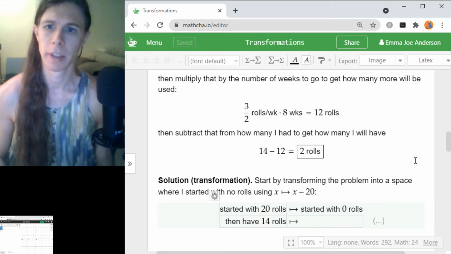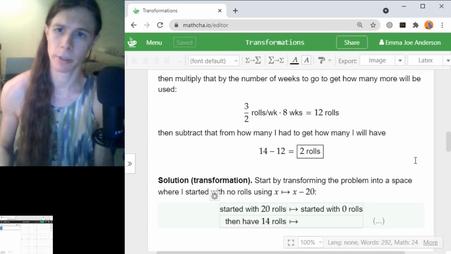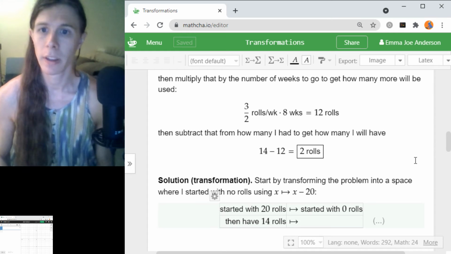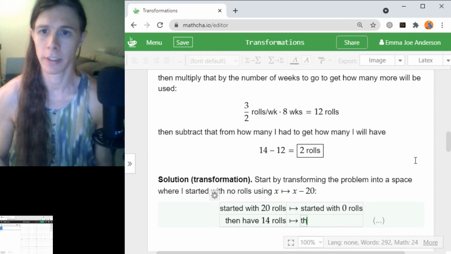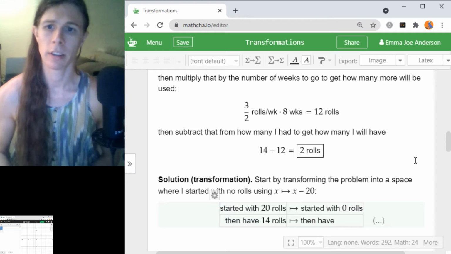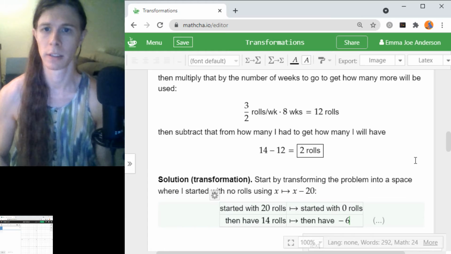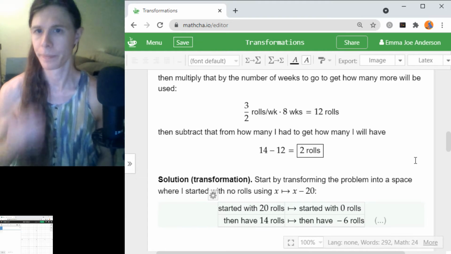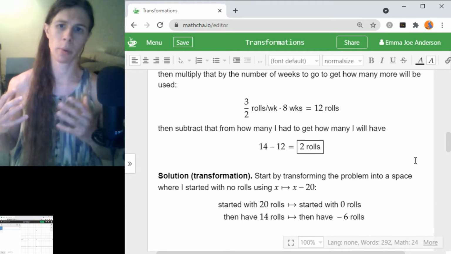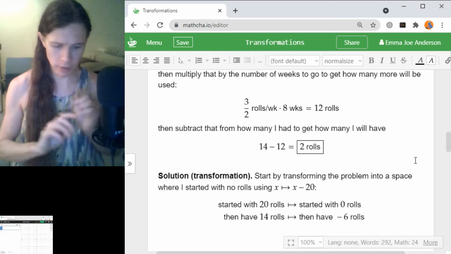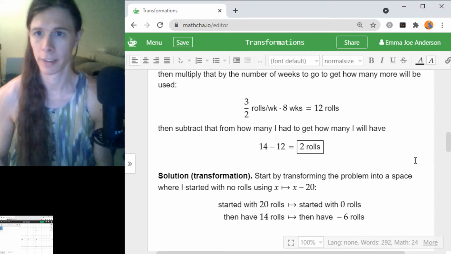So then have 14 rolls. That means then have 14 minus 20, which is minus 6. Okay, so we're now in this space where I started with none and I had minus 6 later.